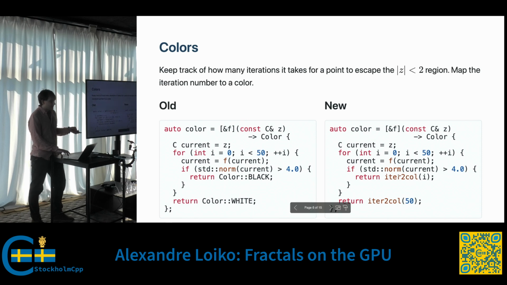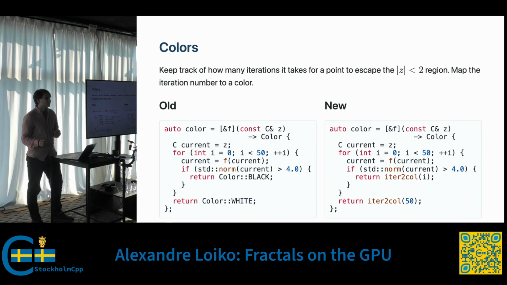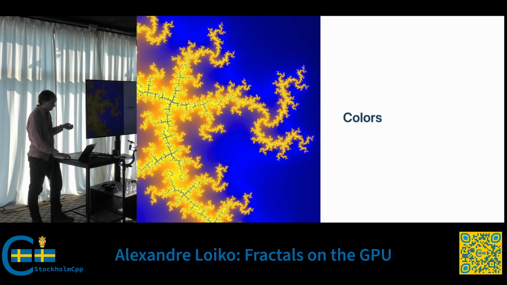But now instead we convert the iteration number to a color. Suppose you have a color palette, and you take like 50 different values from the color palette, and you pick the one that is at the iteration number. And that way you get this thing.